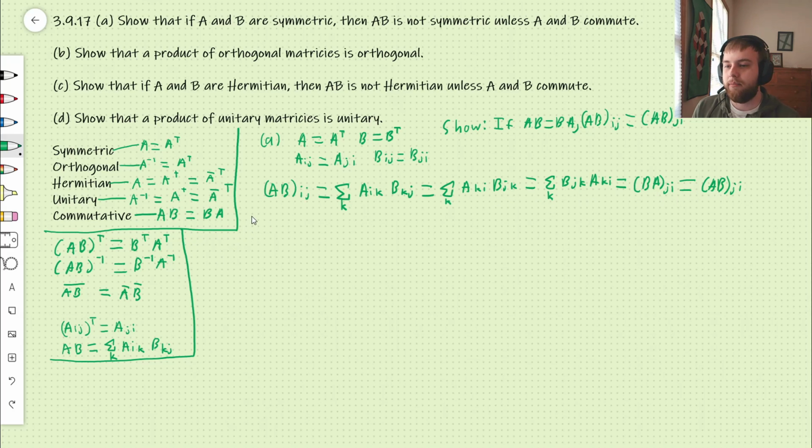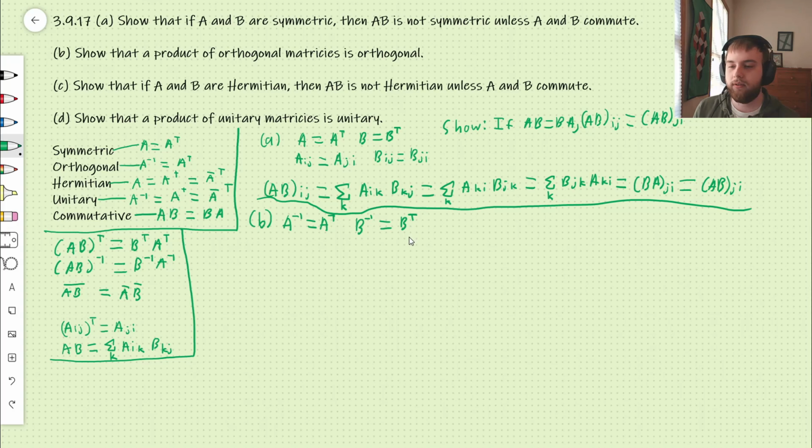And then for part B here, we need to show that the product of orthogonal matrices is orthogonal. So an orthogonal matrix is where its inverse is the same as its transpose. So that means we have two matrices, A and B. I'll draw a little line here. Should have done that before I started writing down the next problem.